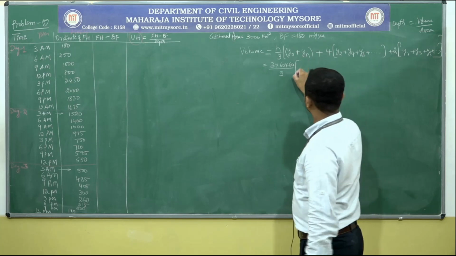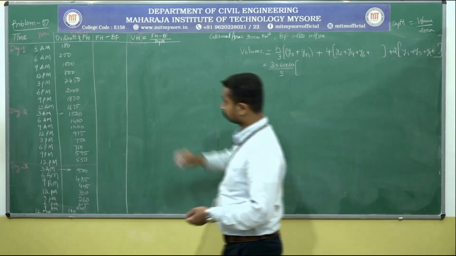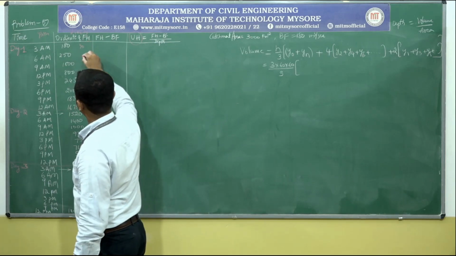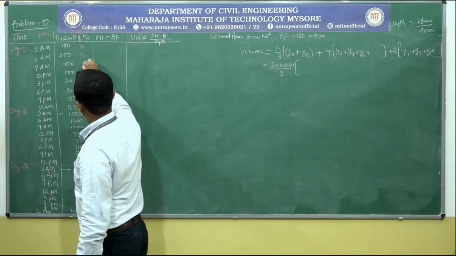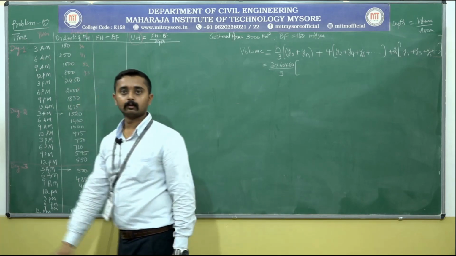Plus the first initial ordinate y0, then y1, y2, y3 similarly.